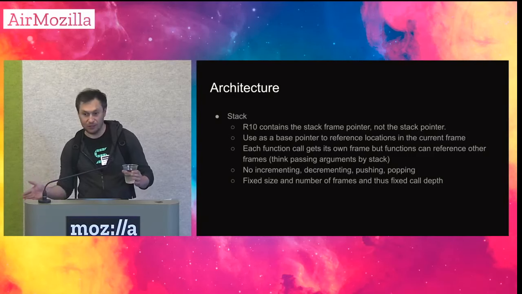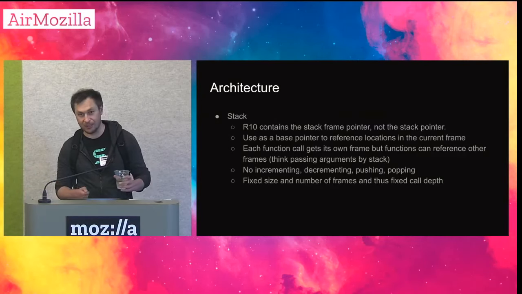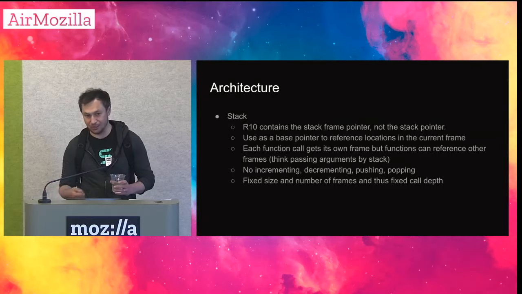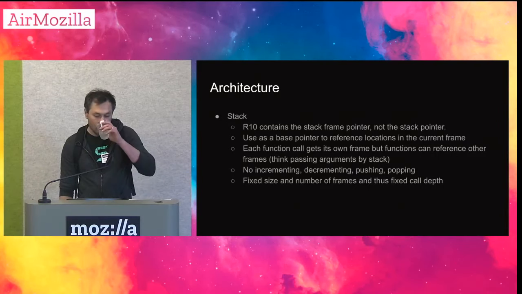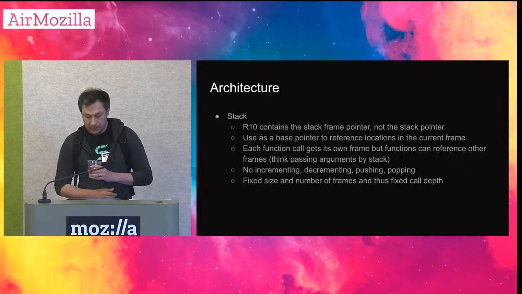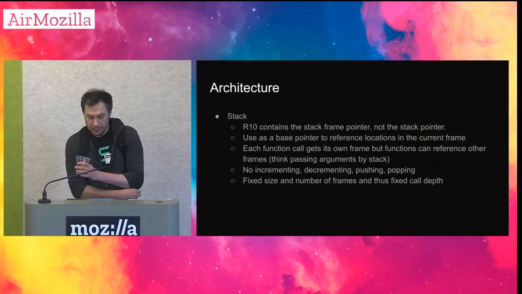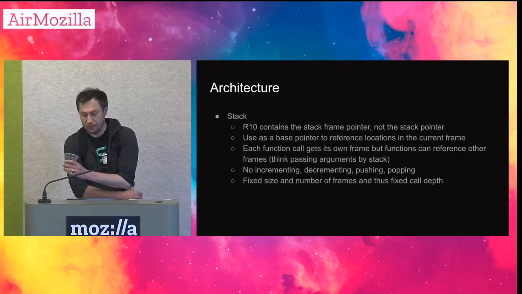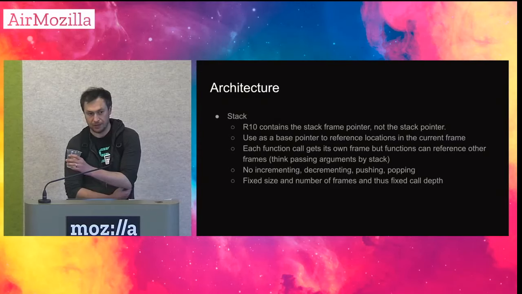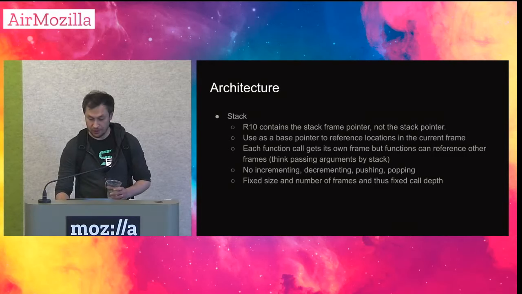You have all your data in the stack frame, and then you can reference the addresses based on an offset from the base stack frame address. Traditionally, BPF had a fixed size and number of frames and fixed call depth, but now they've added support for function-to-function BPF calls.